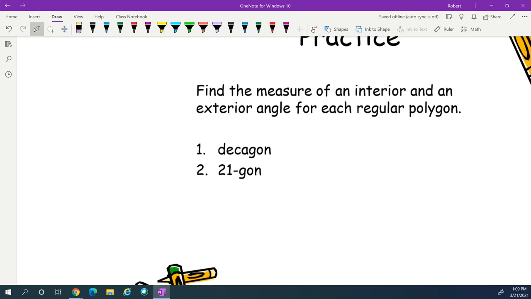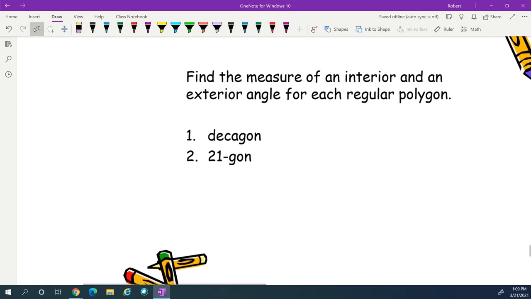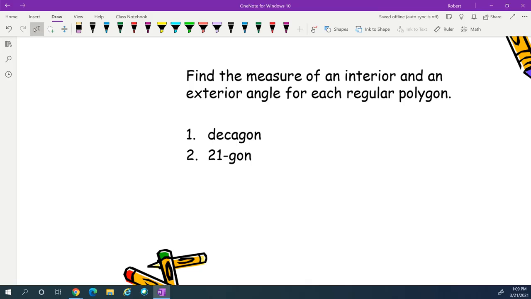Find the measure of an interior and exterior. We've kind of done this problem already. We've got 2 different ways to do it. Option 1, 10 sides.